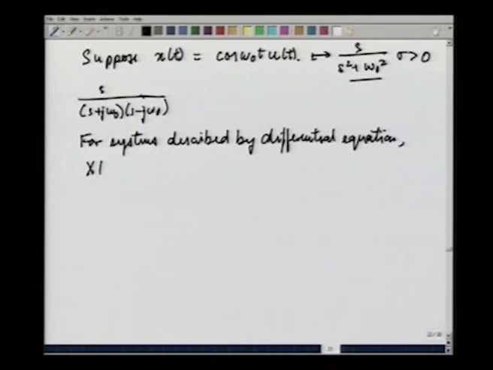So, X(s) will be in the form of some B(s) by A(s). We make this claim on the basis of our experience with the continuous time Fourier transform. Now, this can easily be buttressed by actually looking at the Laplace transform of a differential equation, but we will do that in a little while.